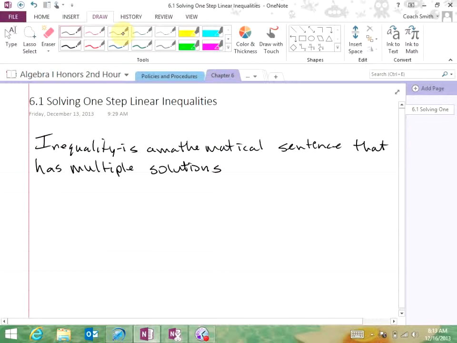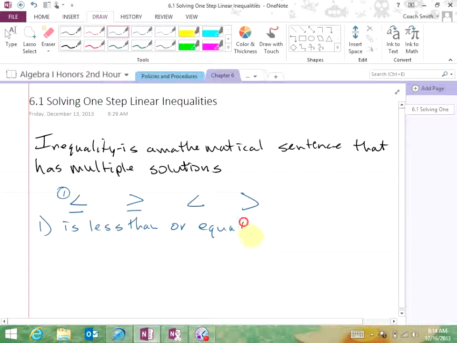All right, now let's talk about our inequality signs. First of all, there are your 4 basic inequality signs. The first one here is less than or equal to.